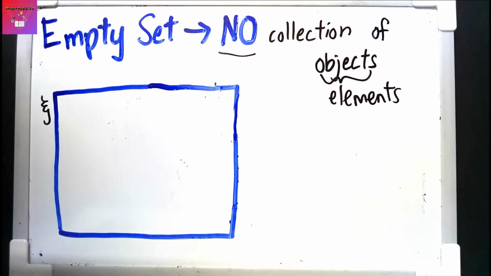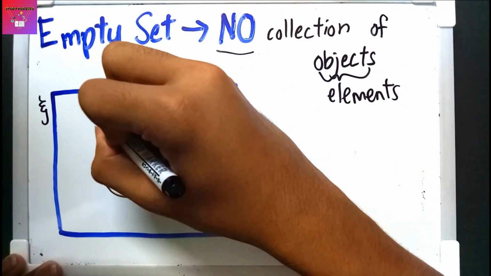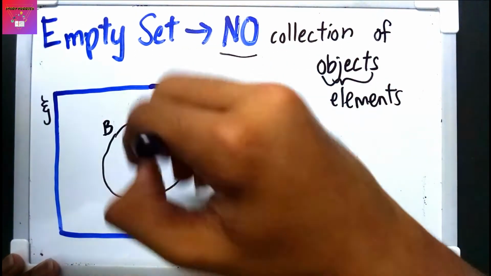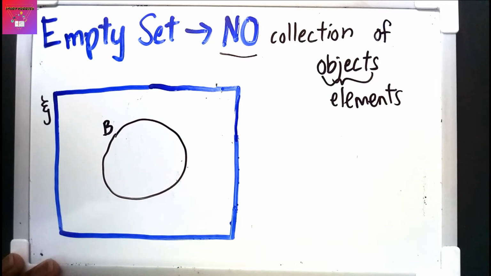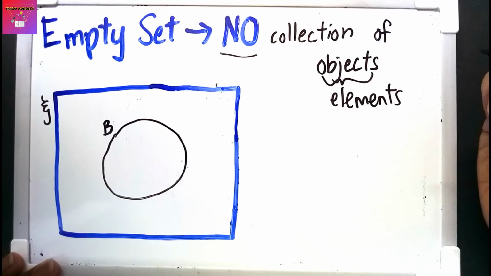For instance, let's say I'm drawing set B this time, with no elements inside, which means there's nothing inside. Set B is empty, just like an empty box or a jar which has no salt. You can define it in your own ways. This set is empty.